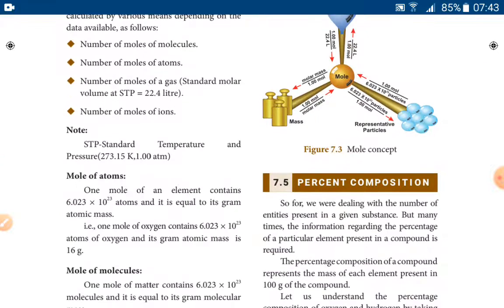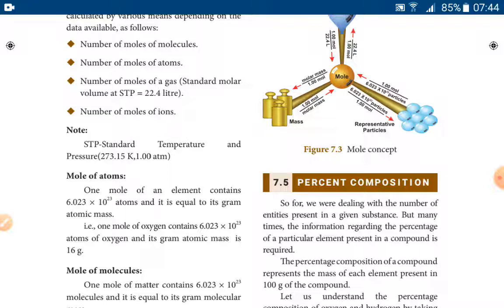Then moles of atoms. 1 mole of an element contains 6.023 into 10 power 23 atoms, and it is equal to its gram atomic mass. The gram atomic mass of oxygen is 16 gram, and of nitrogen 14 gram.